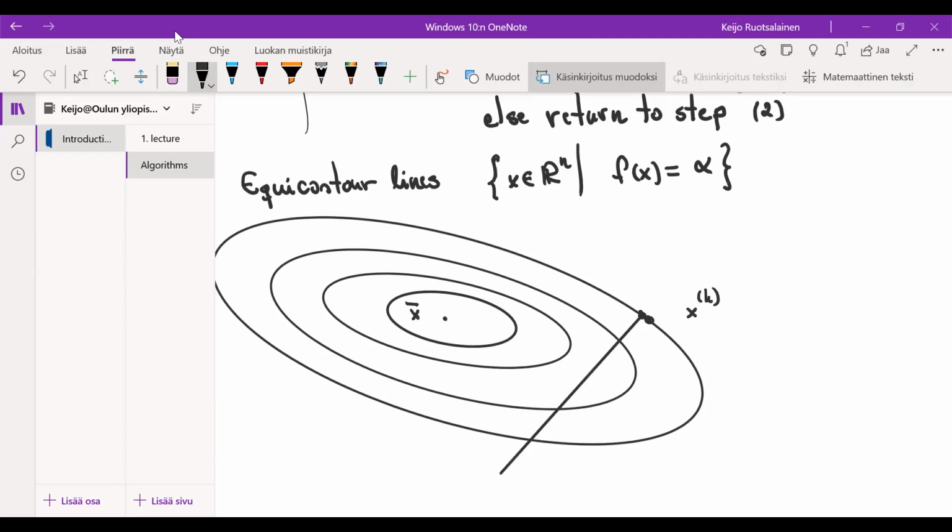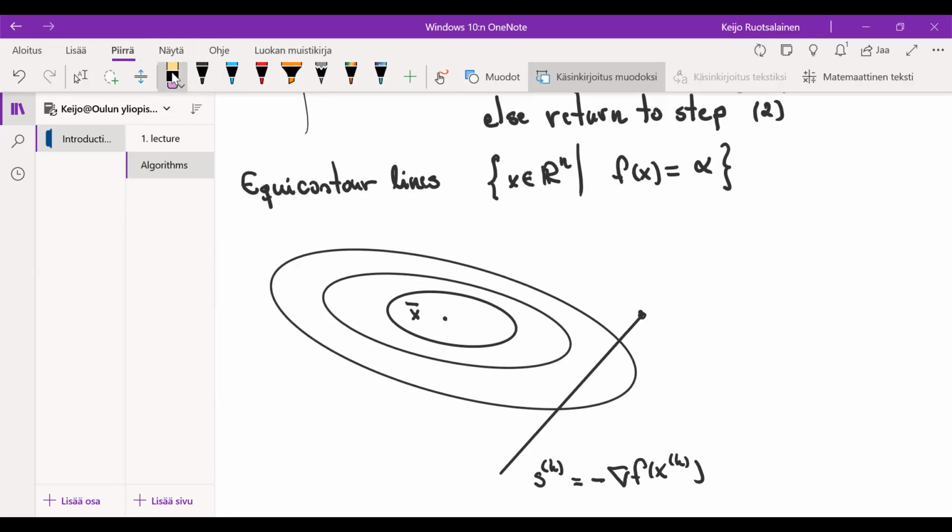So this is, for example, this is because in this direction, the function decreases.